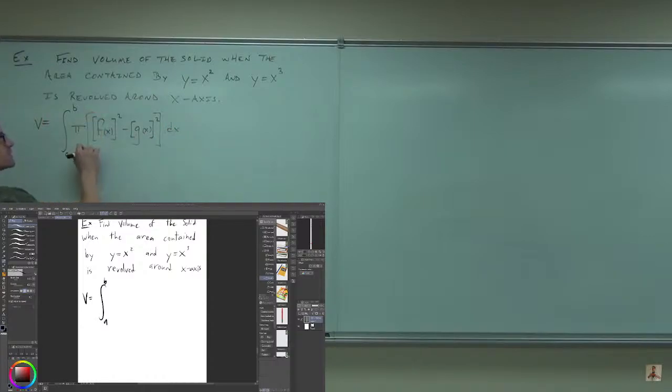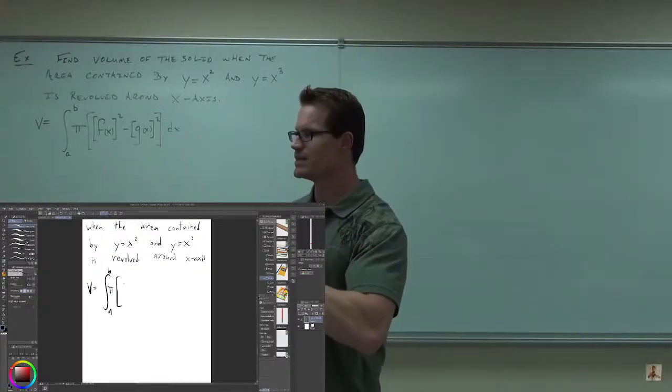Did I not give that to you? But this implied that f of x was the top function. G of x was the bottom function, so we need to find those things out.